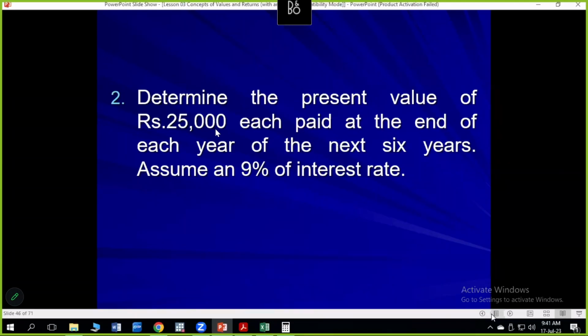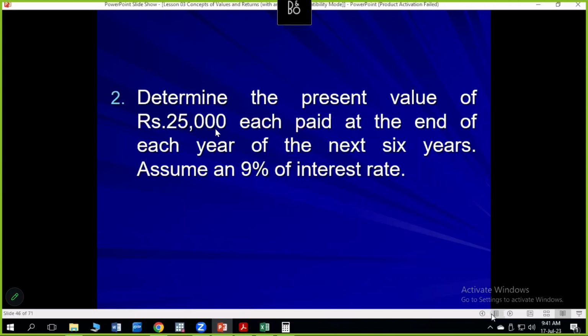So this is a case given to you. You want to understand what type of cash flow it is. It is an annuity, not a lump sum. For the next 6 years, the annuity will be coming.